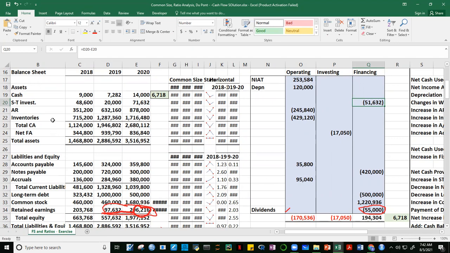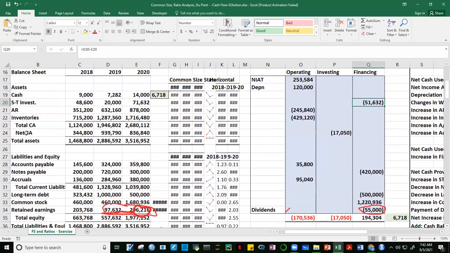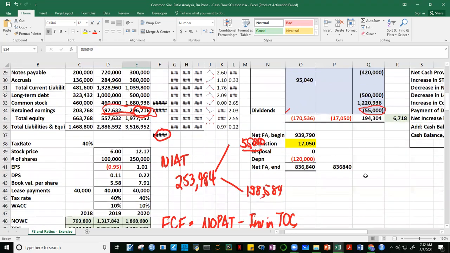I will not discuss this line by line because we have done this before. Just this one, the net fixed assets, because we said that for net fixed assets we cannot simply take the difference. In fact, 2019 was 939, 2020 was 836. It went down. So you might think that this should be a source of cash because the asset decreased. But no, we have to compute it.